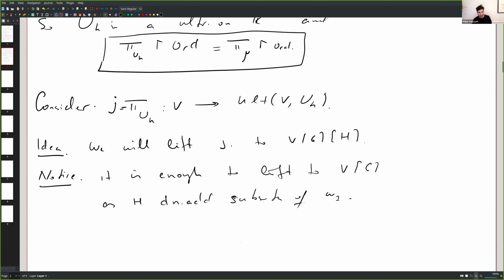What I mean by this is that if I lift to V[G] and then derive the ultrafilter, that will be acting on V[G][H], because it will be measuring all the subsets of V[G][H].